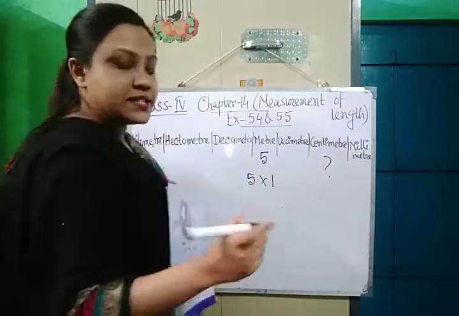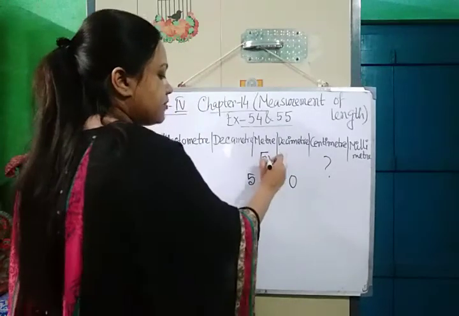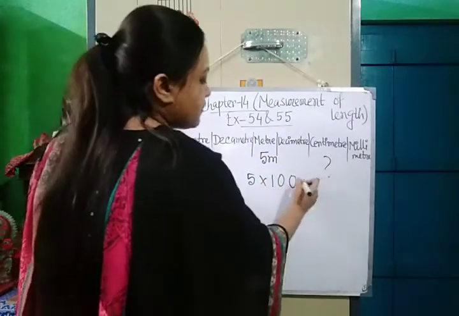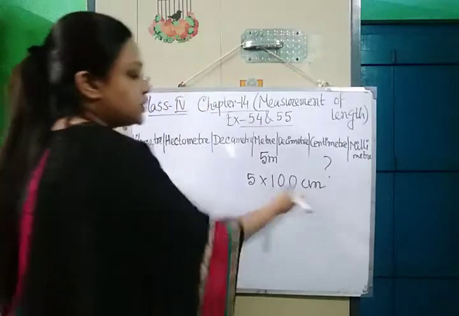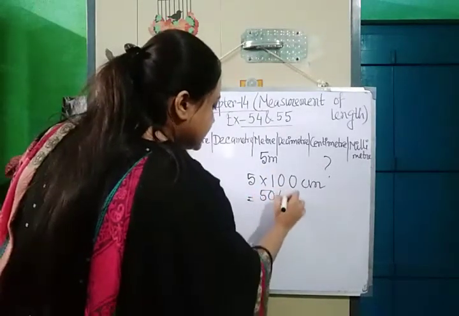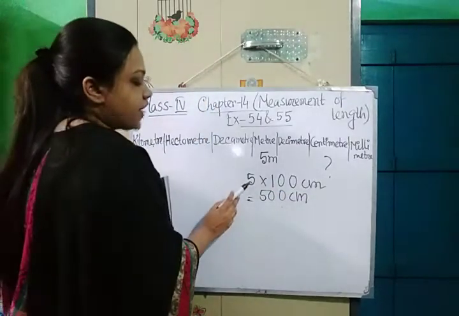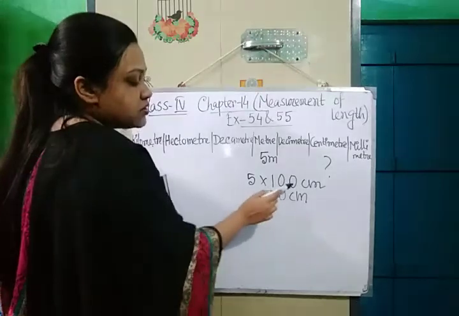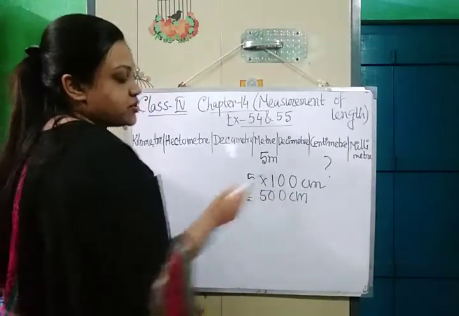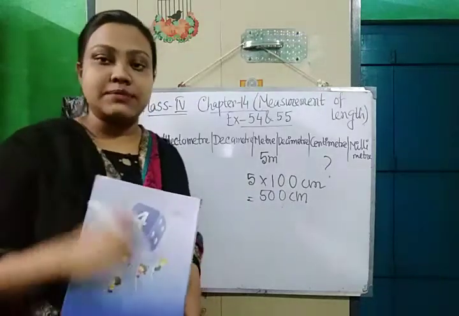Then for 2 places you will put here 2 zeros. So 5 meter will be changed to 5 into 100 centimeter. So that will be 500 centimeter. Easily I am multiplying this one. 5 into 1, 5. 2 zeros we will put after 5, so it will be 500 centimeter.